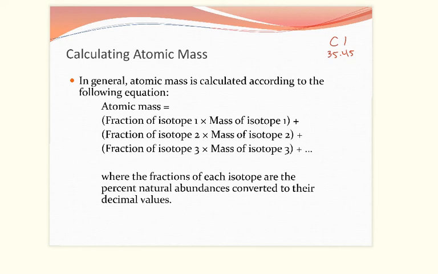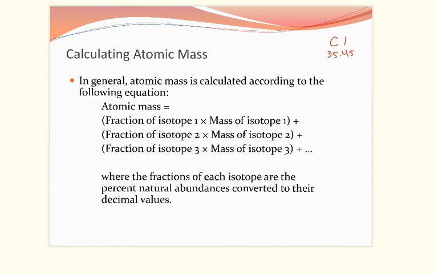So how do we figure out atomic mass? Well, we use this general formula of the fraction of isotope 1 times the mass of isotope 1 plus the fraction of isotope 2 times the mass of isotope 2, and you would continue to do that no matter how many isotopes you had.